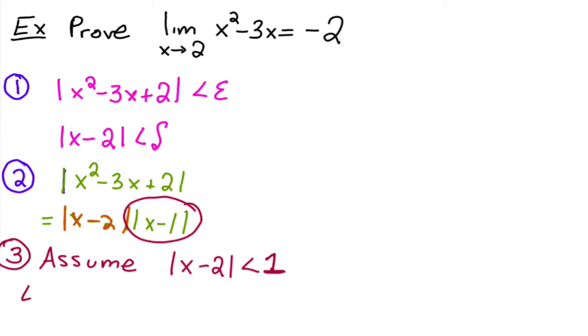Then what this means is that x - 2 is going to be between -1 and 1 if you break up that inequality. And then if you add 2 through to everything, what you get is x is going to be between 1 and 3.